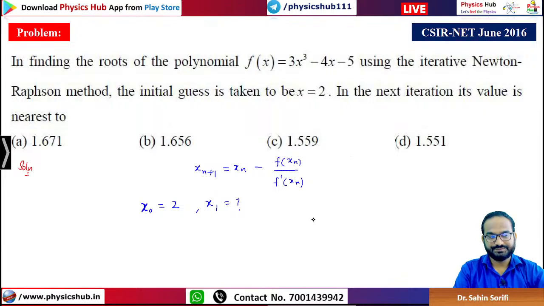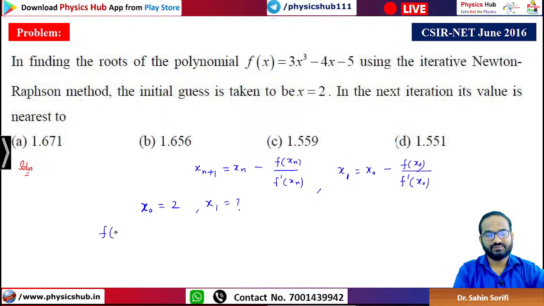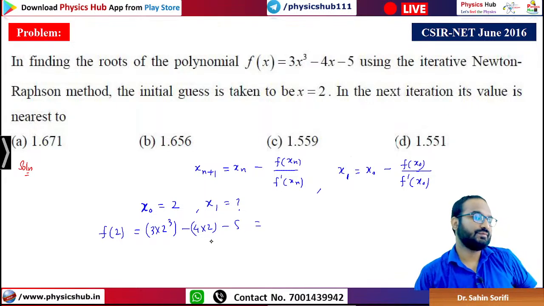So how will you do this? Using the formula, x1 will be x0 minus f of x0 by f prime of x0. f of x0 means f of 2. What is f of 2? 3 into 2 cube minus 4 into 2 minus 5, what is this value?